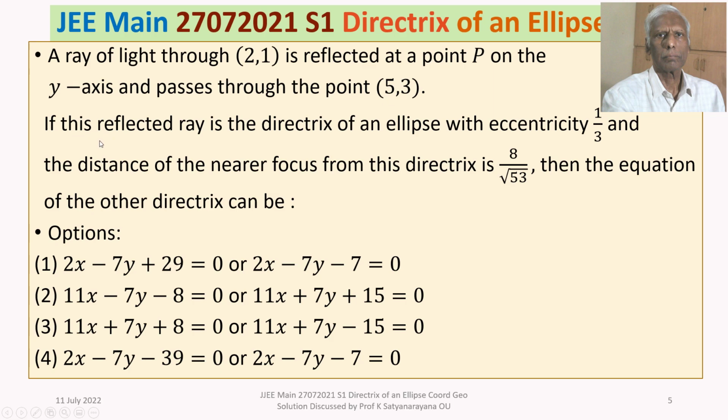If this reflected ray is the directrix of an ellipse whose eccentricity is 1/3 and the distance of the nearer focus from this directrix is 8 by under the square root of 53, then the equation of the other directrix is to be calculated, and one of the following is the answer. So, we discuss the solution of this problem in detail.